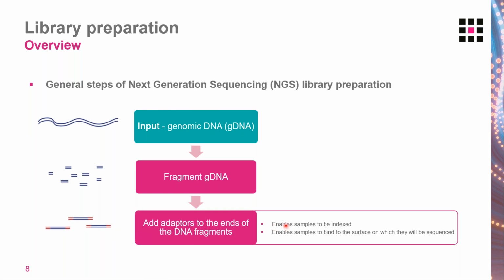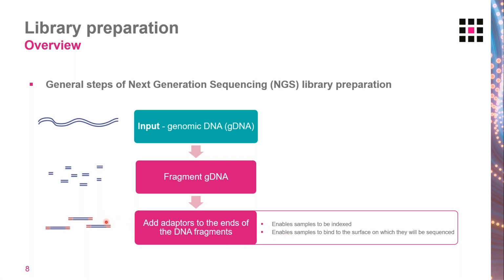The addition of these adapters enables our samples to be indexed or barcoded. So if we've got gDNA from different individuals, we can subsequently mix these samples together for sequencing, but still differentiate between the different individuals.